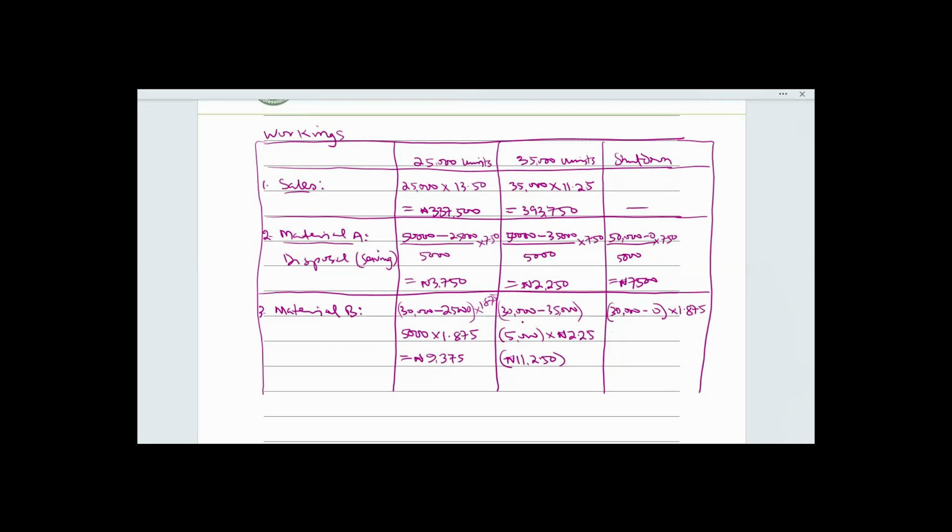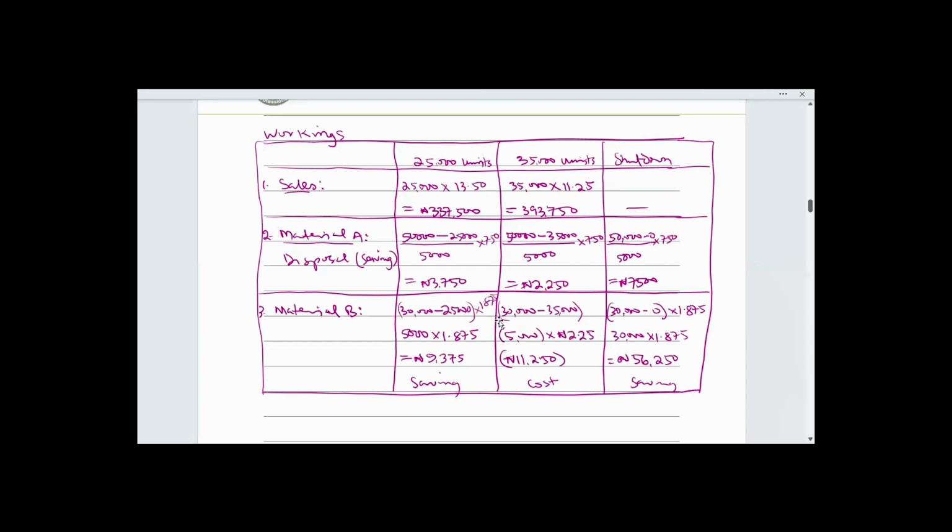Therefore, what do you have here? 30,000 multiplied by 1.875 equals 56,250. So for option 1 it is a saving. Option 2 is a cost. We are buying it. Option 3 is also a saving. So take note of that.